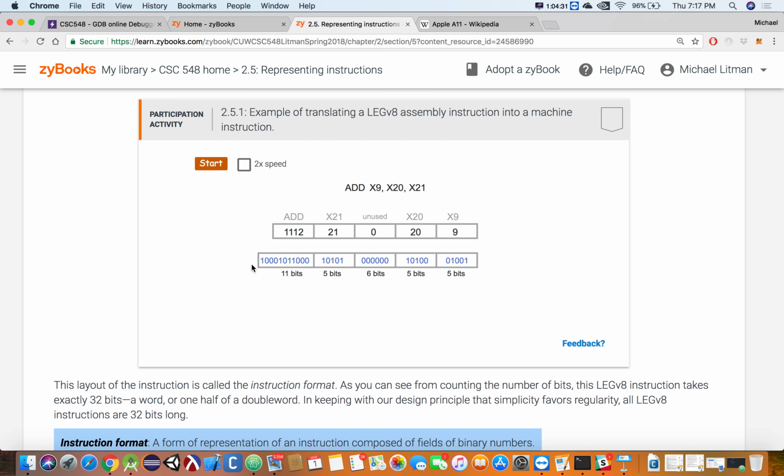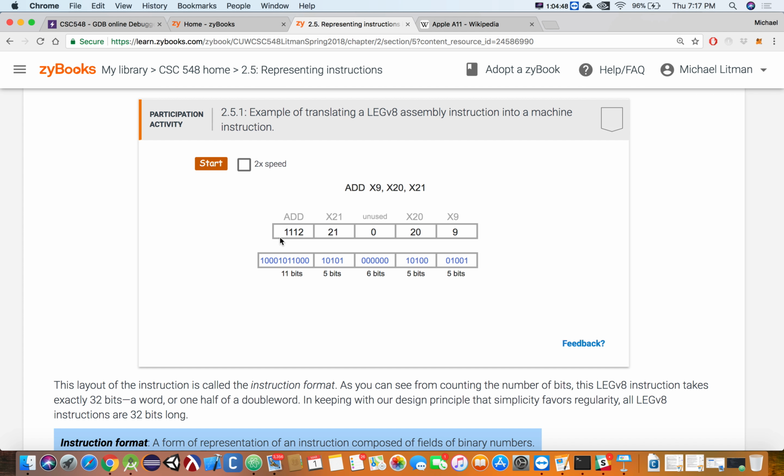So given that, the instruction space is a 32-bit space, right? 11 plus 5 plus 6 plus 5 plus 5 is 32. So that's 32 bits. What goes over here in the far left, this 11-bit space here, is our space for our instruction.